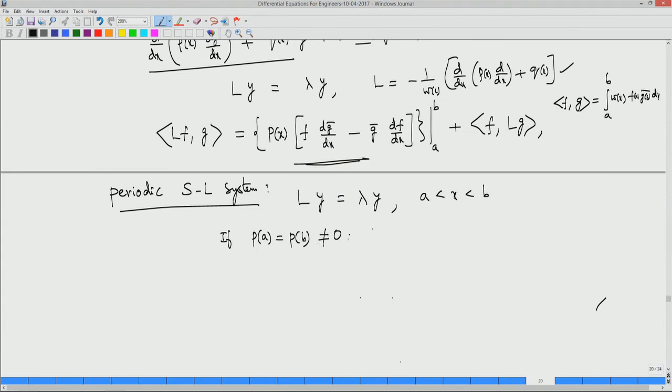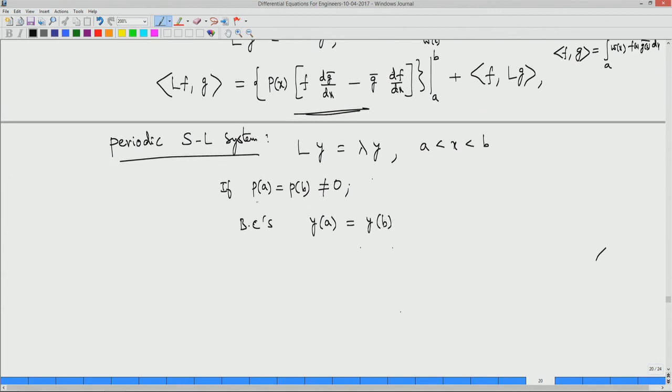In this case I give the boundary conditions like this. For the periodic system, you get y at a equal to y at b. You expect the solution is also periodic. So it is like p is periodic, you expect your solutions are also periodic. And then y dash at a is also the same as y dash at b.